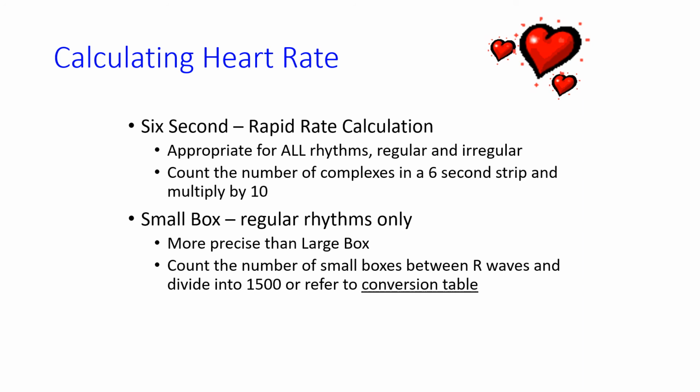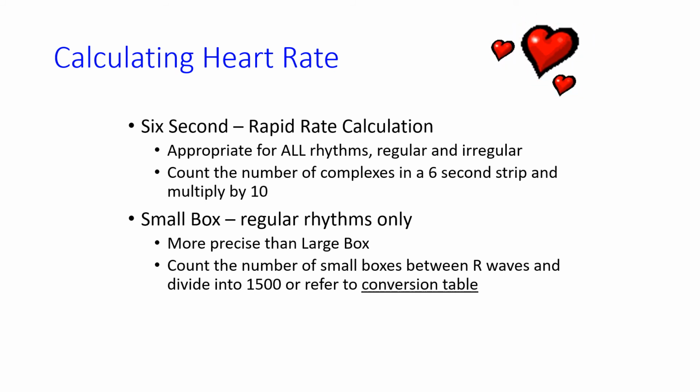So looking at this, if you have a conversion table, you're going to count how many small boxes between the R waves. Again, this would only be used in a regular rhythm. So if you have, we'll say, 20 small boxes between the R waves you counted, you would look at your table, see 20, go to the right where it says rates per minute, and that would give you a heart rate of 75.